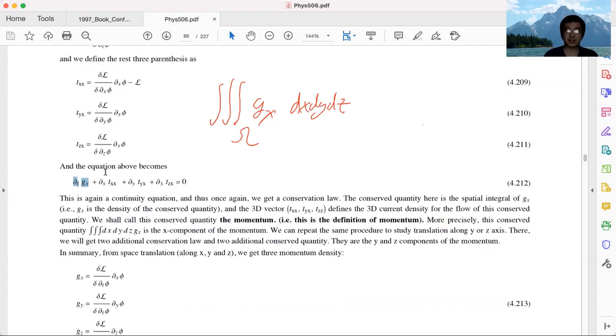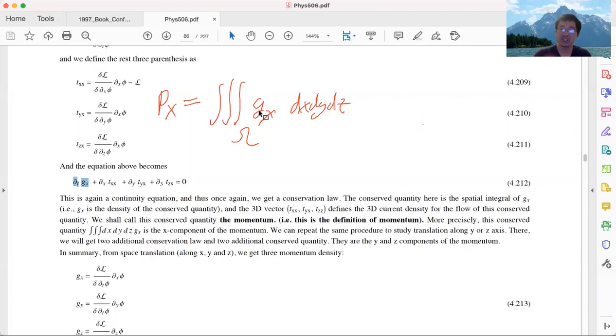And this conserved quantity is nothing but the x component of momentum. This is px. We know from classical mechanics that translational symmetry is related with momentum conservation. We are doing translation along x, so the conserved quantity we get is the x component of the momentum.